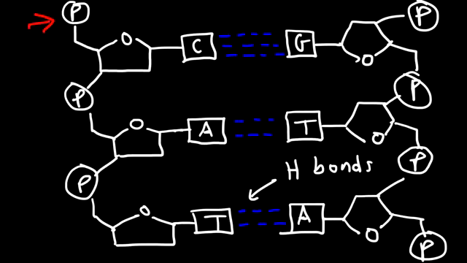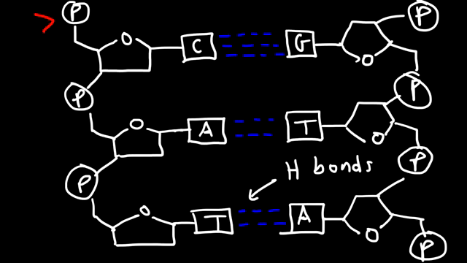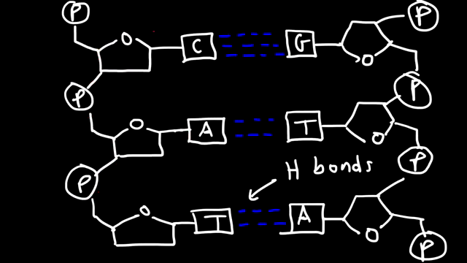Now, on the left side and also on the right side, this is known as the sugar phosphate backbone. And it makes sense. You have your phosphate groups on the left attached to the sugar units. Now, on the sugar, this is carbon 1, 2, 3, 4, and 5.